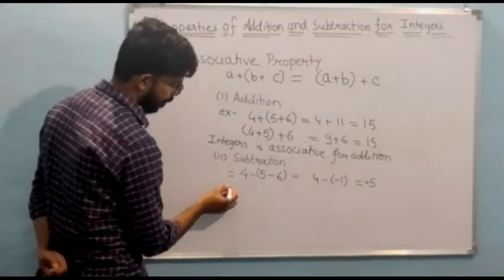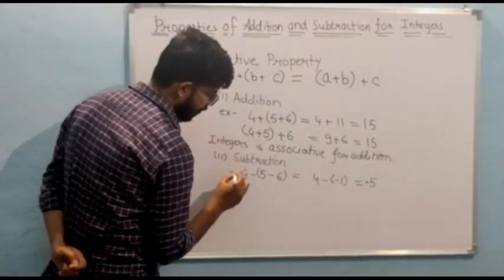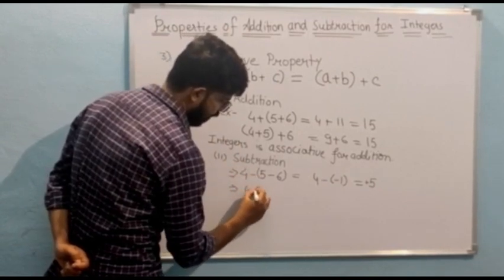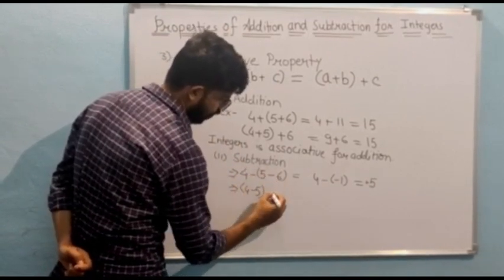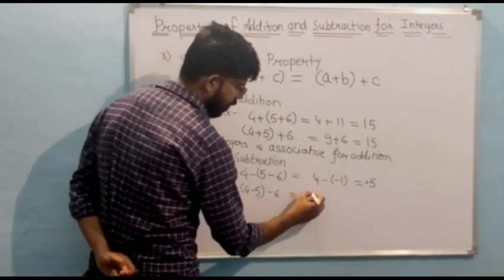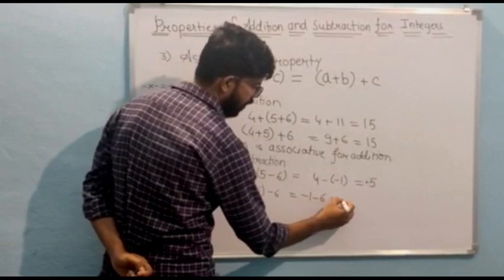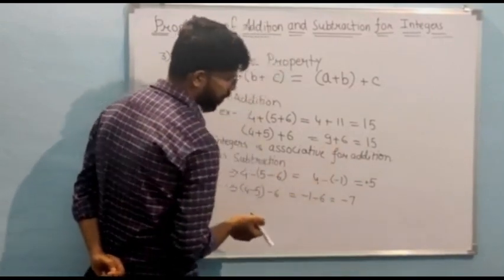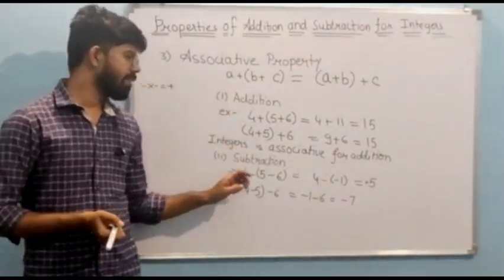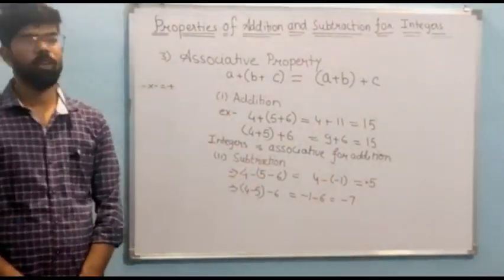Now, when we swap this, 4 minus 5 minus 6, 4 minus 5 is minus 1, minus 1 minus 6, what do we get? Minus 7. Here in the first condition we get plus 5, in the second condition we get minus 7, and both are not the same.